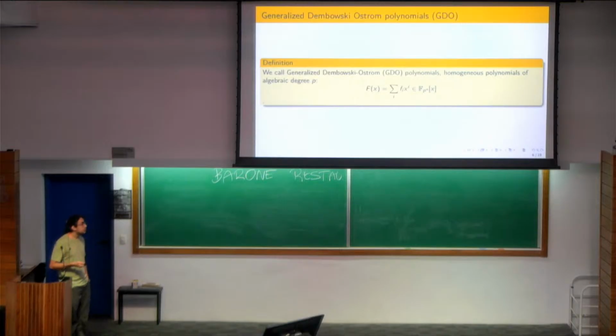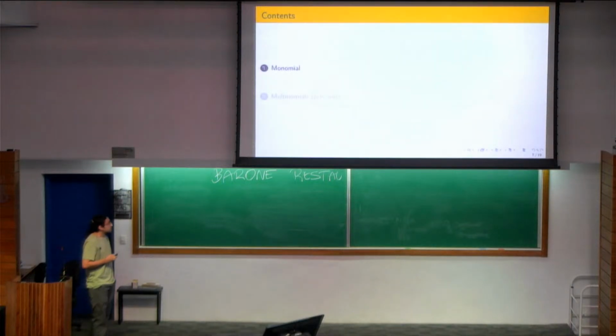They are homogeneous polynomials of algebraic degree p, and if we replace p by 2, they are just homogeneous quadratic functions. I will first present our results for the monomial case.